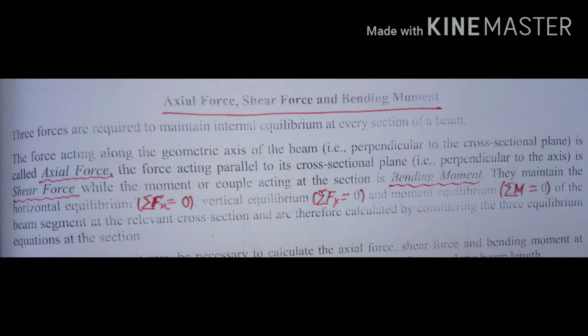They maintain the horizontal force, meaning Fx is equal to 0, vertical force, meaning summation of Fy is equal to 0, and moment equilibrium, meaning summation of M is equal to 0, of the beam segment at the relevant cross section, and are therefore calculated by considering the three equilibrium equations at the state.